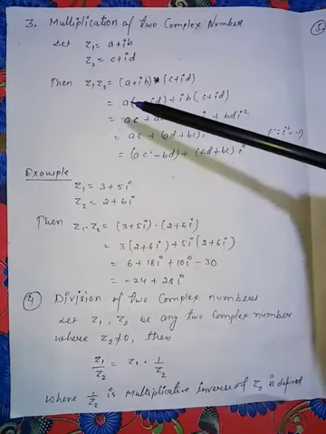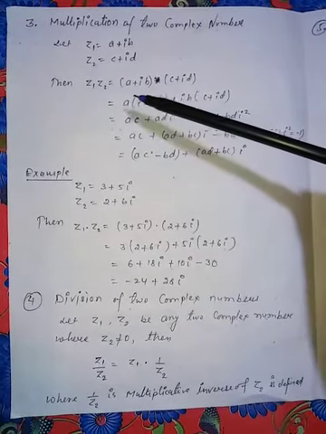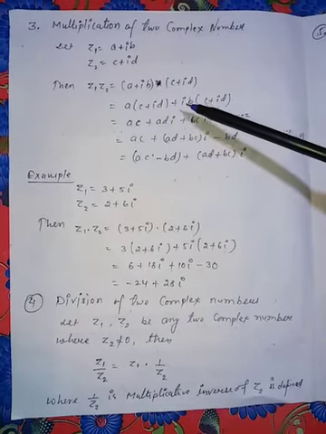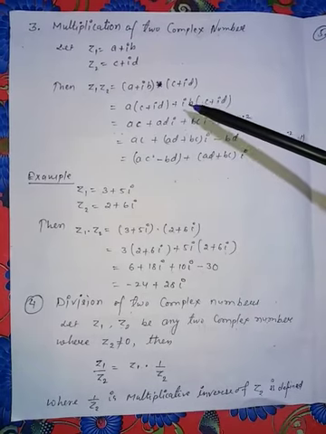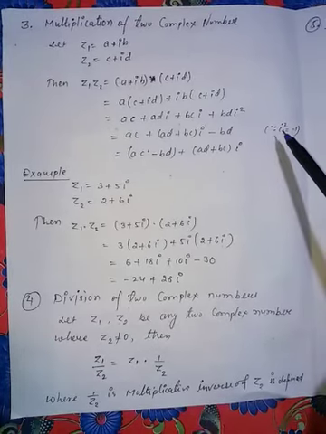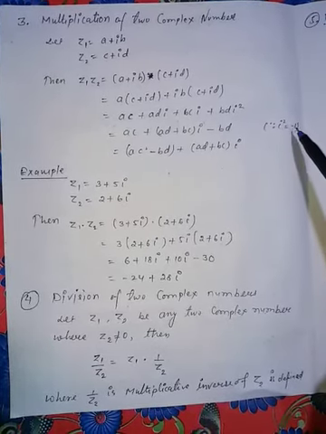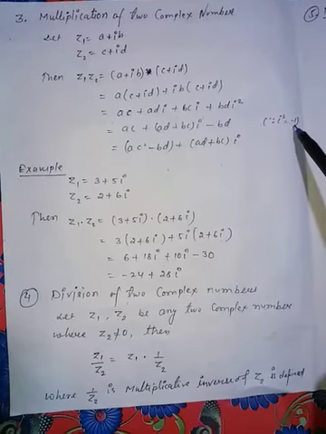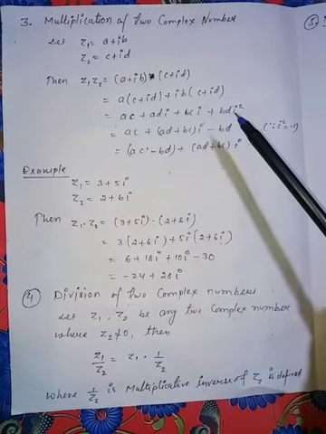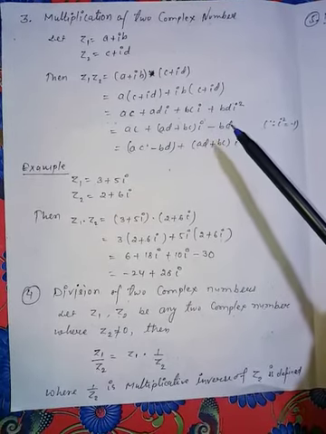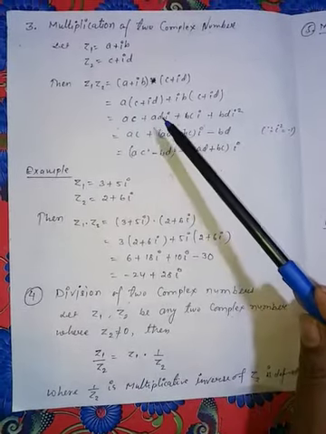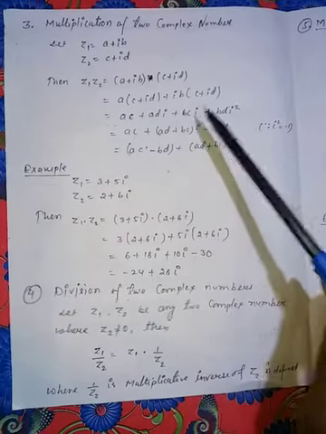We multiply a into c, a into d, ib into c, ib into id. Also use i square is minus 1, and we add or subtract real part, real part, and imaginary part, and imaginary part. That is, we adding ad i plus bc i.